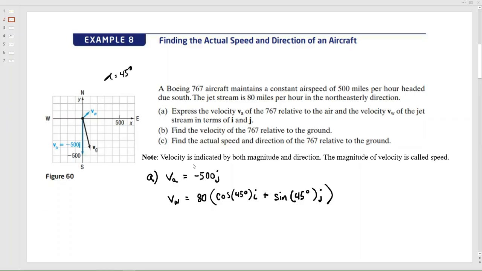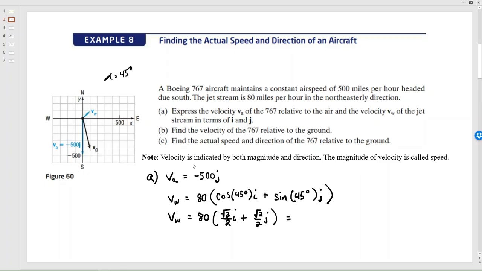Okay, so let's keep going with this. So v sub w, this is the wind vector here. Cosine of 45 degrees is the square root of 2 over 2 times i. And the sine of 45 degrees, also the square root of 2 over 2 times j.